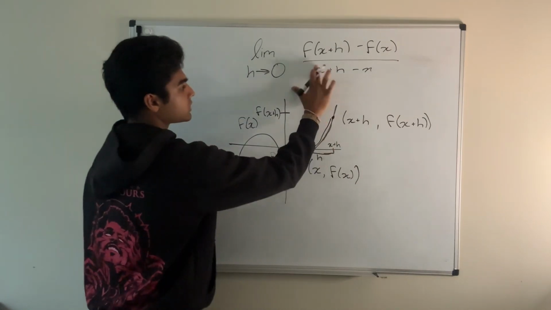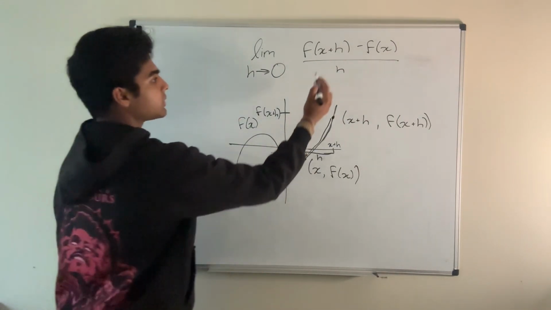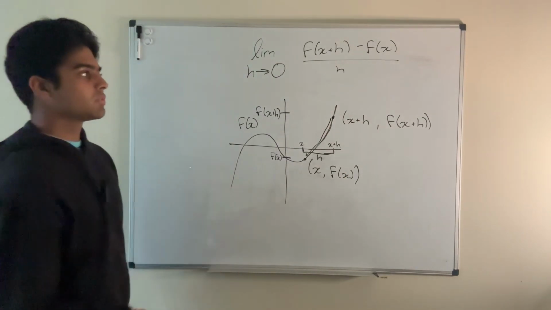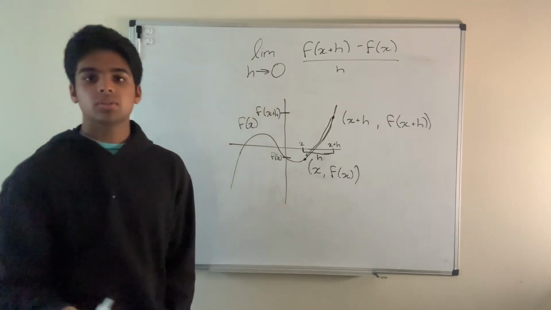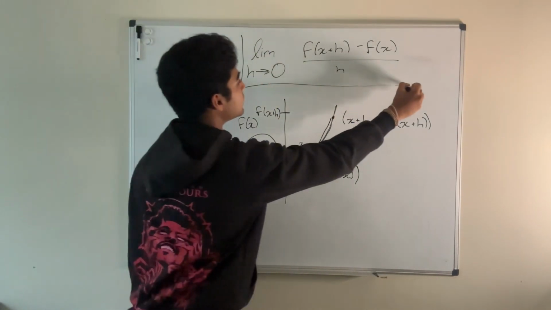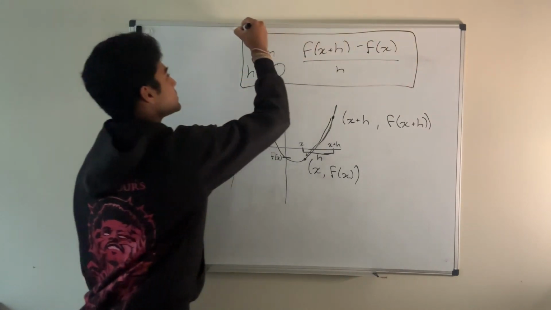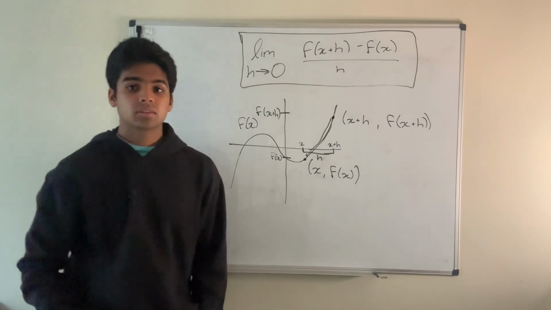And then again, we can just erase this and this because those 2 cancel out. So now we have f of x plus h minus f of x all over h, as the limit as h approaches 0. And this right here is the equation for a derivative for any f of x, okay?